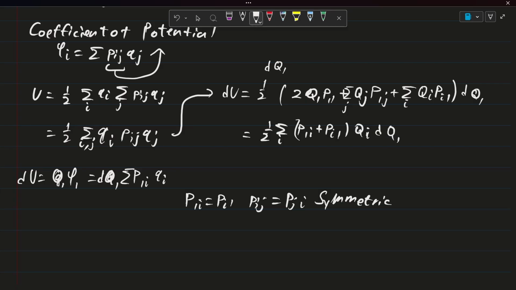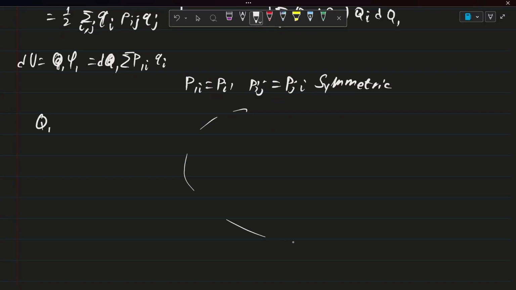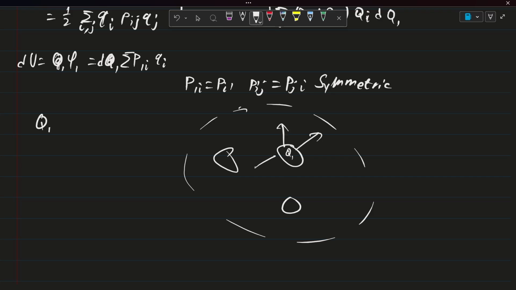The second property comes from assuming that all of the charges are 0 except for Q1. So let's say you have a system with multiple conductors here, and you have this one with charge Q1. If this is positive, it would radiate out the electric field, like so. And if you understand the idea of potentials, Q1 should have the highest potential because it's the source of this electric field.